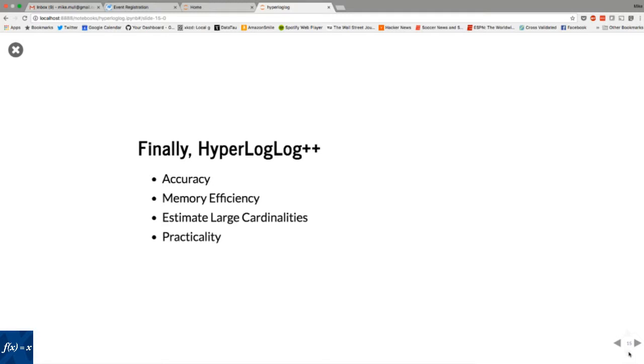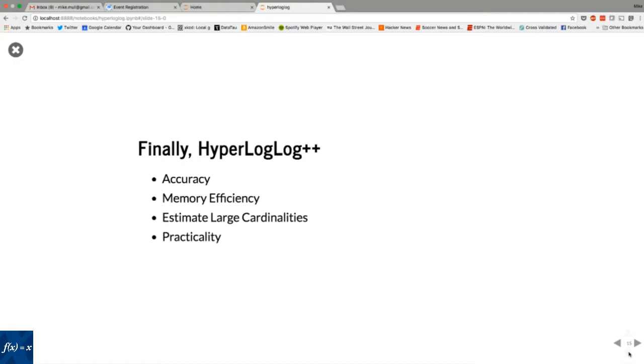And at the time, before they started using this, they were using something called MinCount, I believe, which is another estimation algorithm, but uses considerably more memory. So their goals in introducing something like HyperLogLog was to make it still be fairly accurate. Their MinCount algorithm was fairly accurate, but used too much memory.